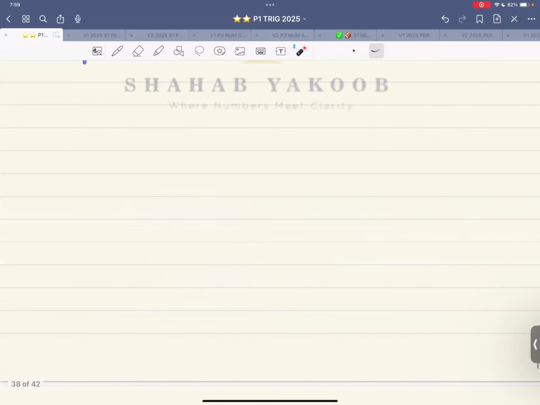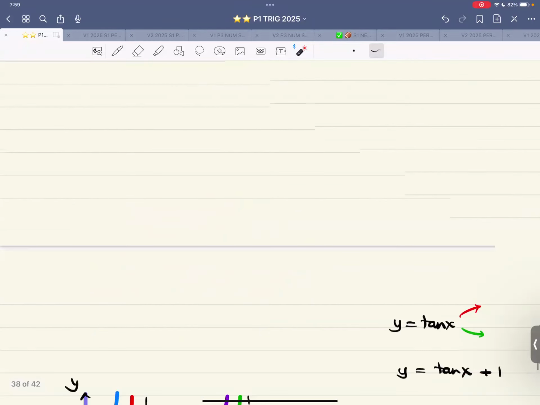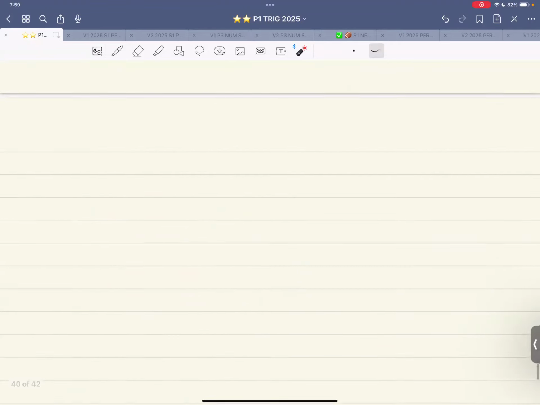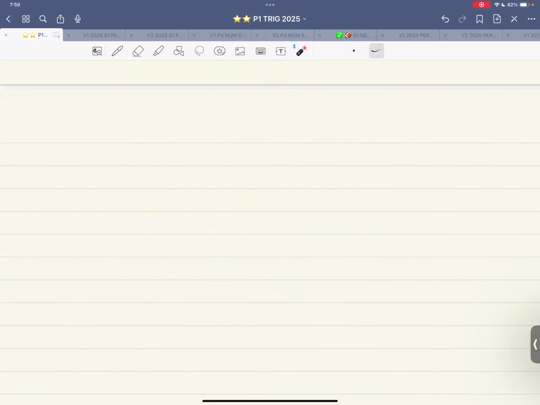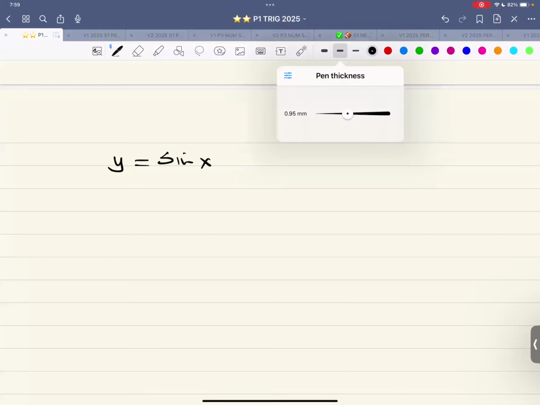So now, so far, we have studied this. Now let's recap what we have studied. I'm not telling you the fourth transformation because that takes time. Now y equals sine x. The maximum value of sine is 1.